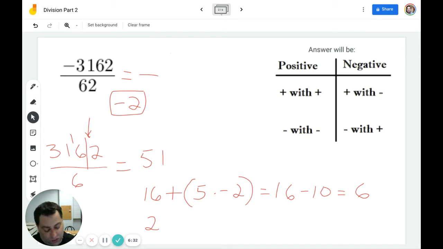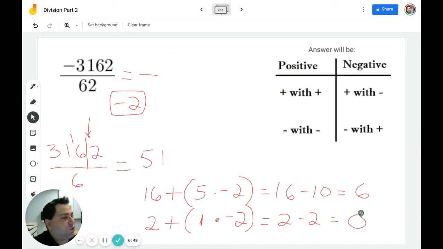So I have 2, and I need to add my previous answer, 1, times my multiplier of negative 2. Well, 1 times negative 2 is negative 2. This is going to be equal to 2 minus 2, which is 0. So in the last problem, I said whenever we get 0 or a multiple of your divisor, you're in good shape. So 0 indicates there's no remainder at all, and 51 is my answer.